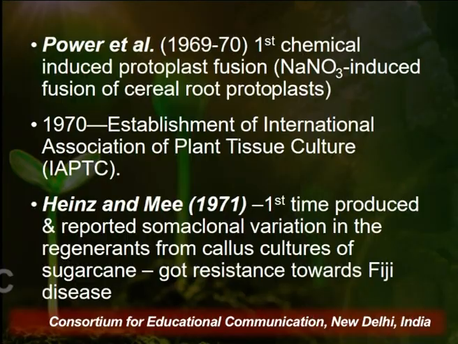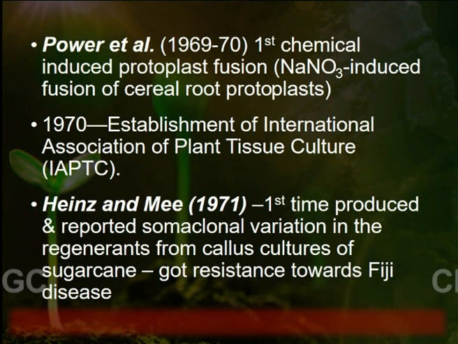In the subsequent year, 1971, Heinz and Mee, for the first time, produced and reported somaclonal variation in the regenerates from callus culture of sugarcane. This was a very important discovery, because it opened the door for another application of plant tissue culture, wherein we can produce genetically modified, disease resistant, commercially important agricultural crops.